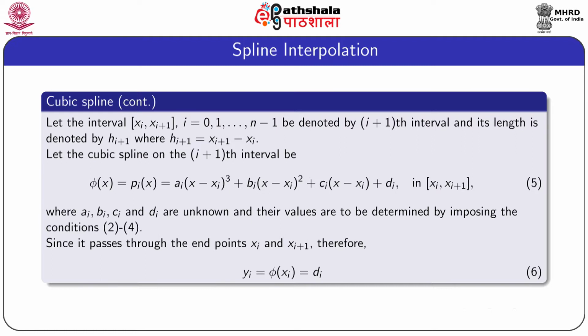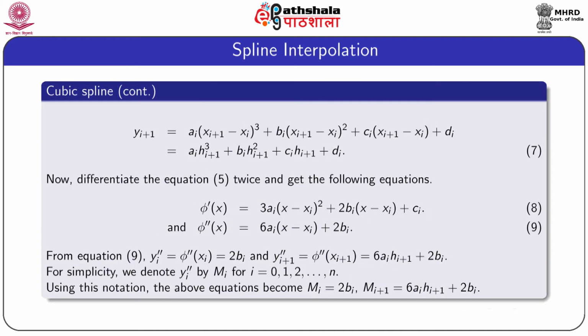In case of x equal to x_i+1, from equation 5 we have y_i+1 equal to a_i, where x is replaced by x_i+1, so (x_i+1 - x_i) whole to the power 3, plus b_i (x_i+1 - x_i)^2 plus c_i (x_i+1 - x_i) plus d_i.